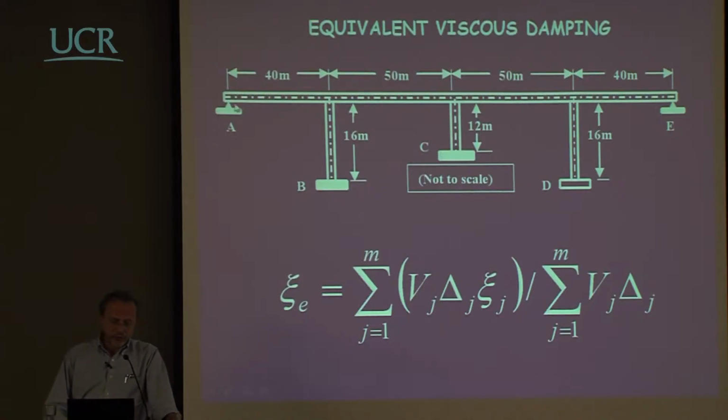And of course, this could be true also for the abutment, for this pier, for this pier, for this pier, for this pier. Nigel has been showing that if you consider the longitudinal response of this structure, you are somehow assuming or forcing that the displacement at the top of each pier and at the abutments, the deck displacement, is the same.